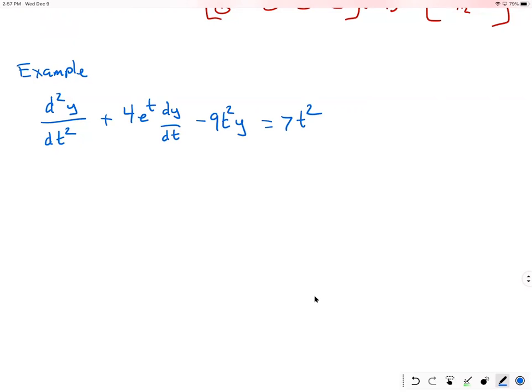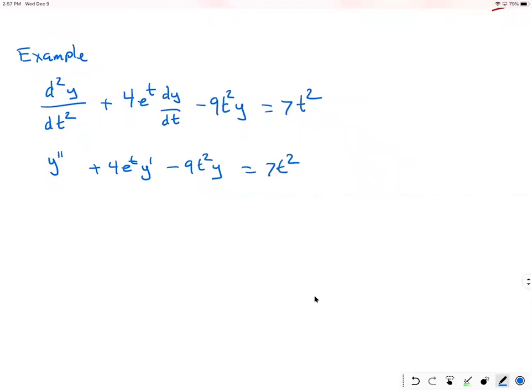So we could write this as y second derivative plus 4e to the t y first derivative minus 9t squared times y equals 7t squared. Those are equivalent forms with different notation.